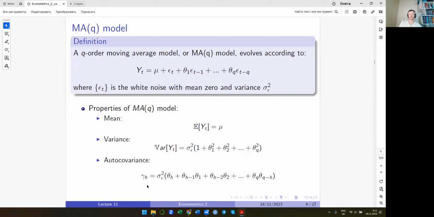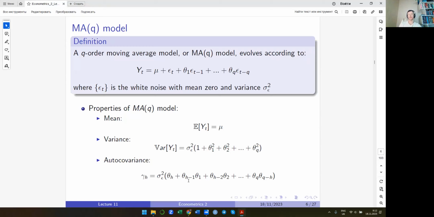Autocovariance. So this is not autocorrelation, this is autocovariance, but again we can capture some property of autocovariance here. Look at what's going on here. We take sigma squared, sorry, we take theta h, so theta at lag h.